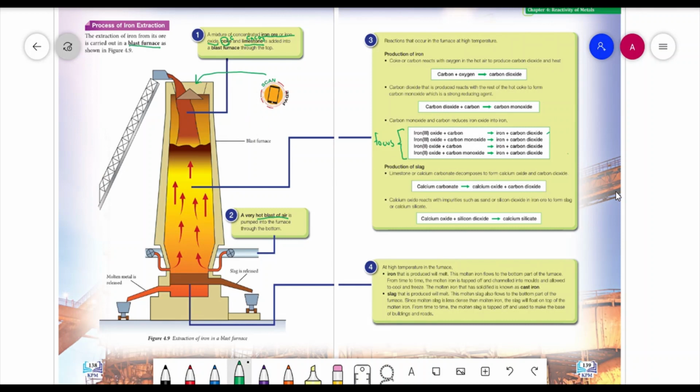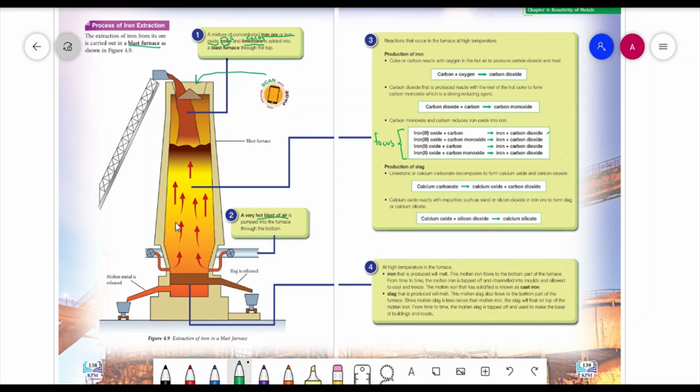Students can see here, number 1, where all the solid reactants are put in from the top. Number 2, hot air from the bottom, which is how the oxygen is supplied into the reaction. Number 3, where the process occurs.